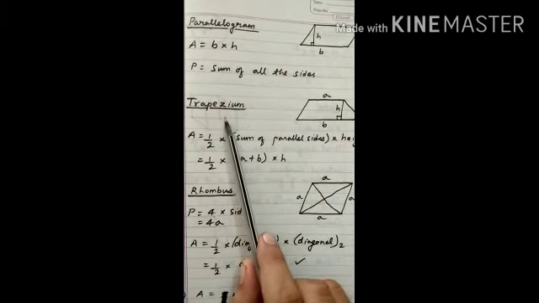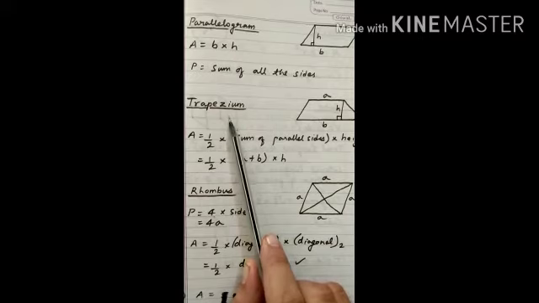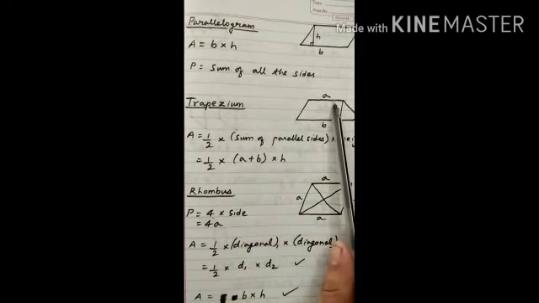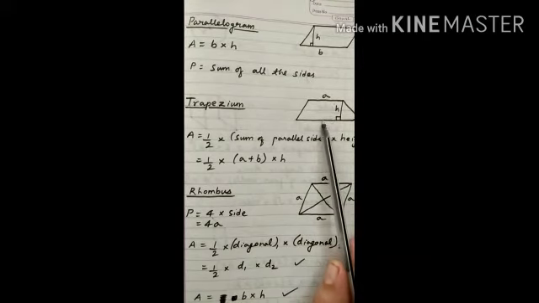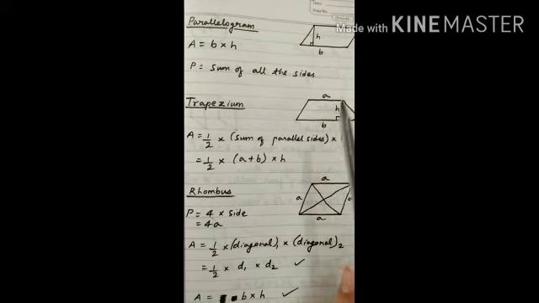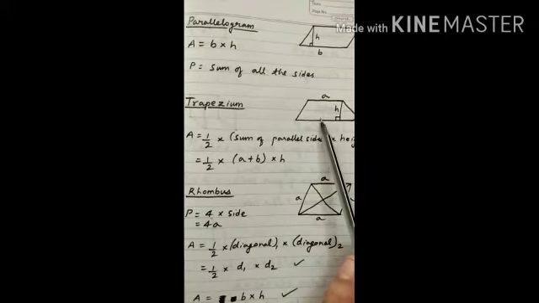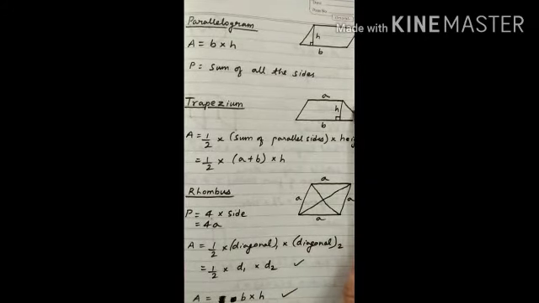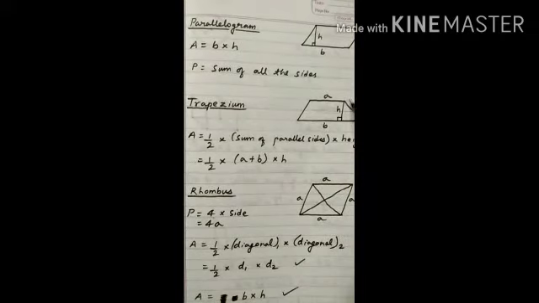Next is a trapezium. A trapezium is a four-sided figure which has two opposite sides parallel to each other. Two opposite sides are parallel to each other and another two sides are non-parallel. So let the parallel sides be A and B. Let the distance between two parallel sides, or we can say height, be h.